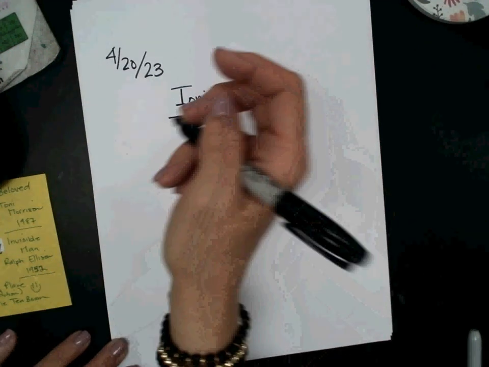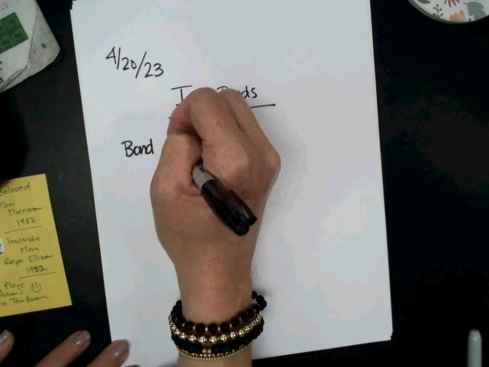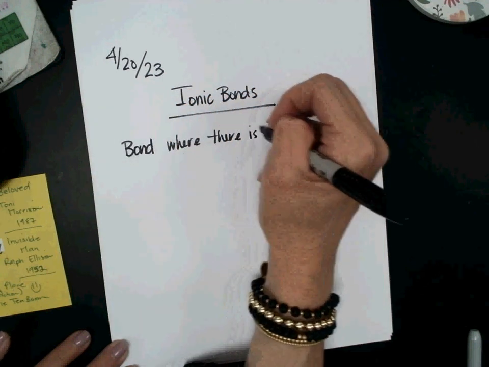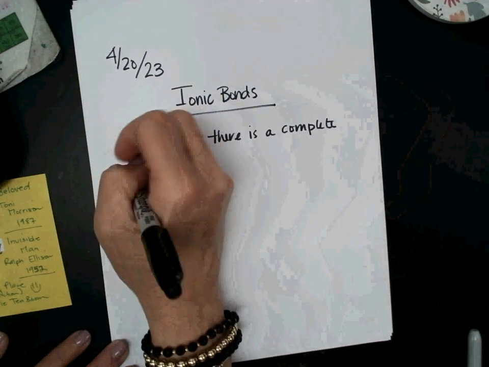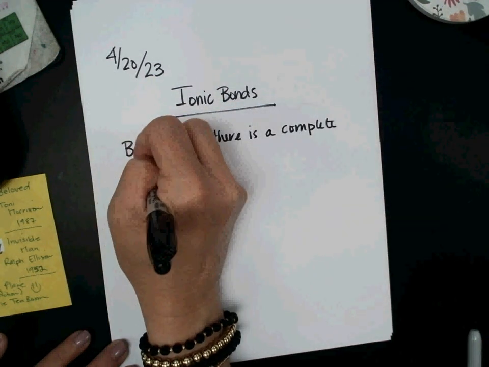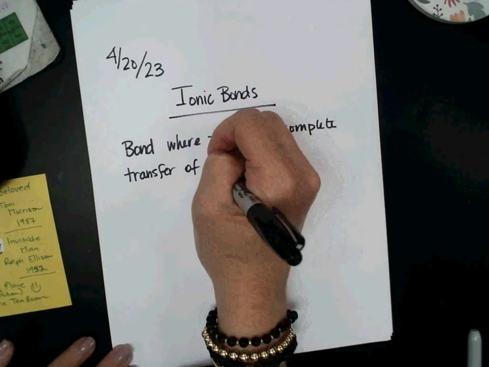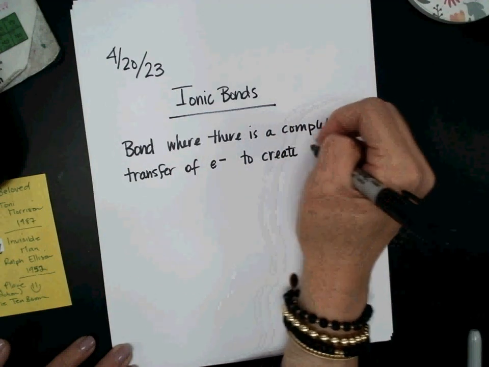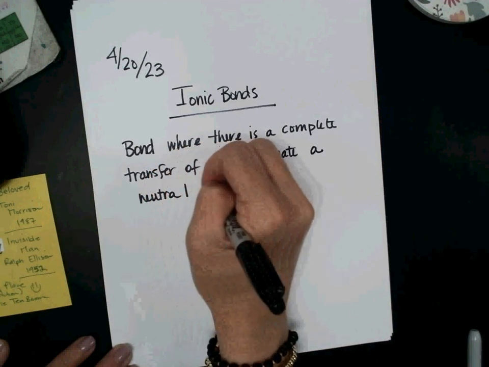This is a bond where there is a complete transfer of electrons to create a neutral compound.